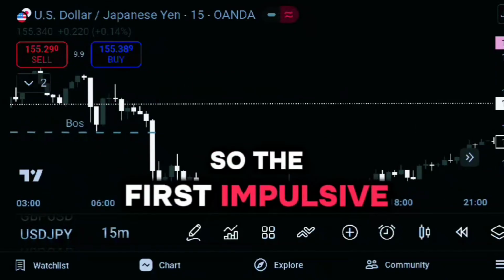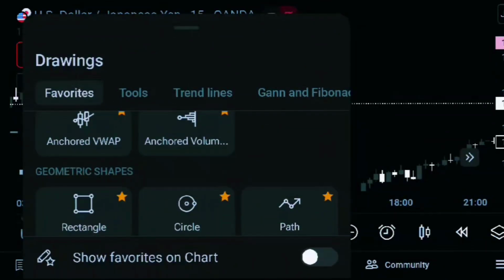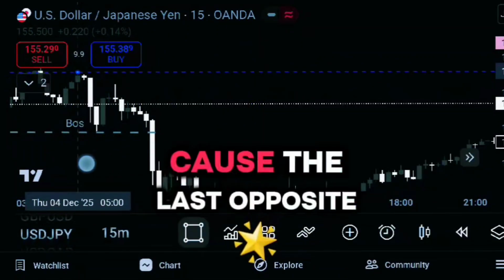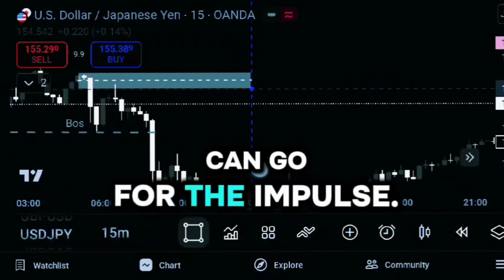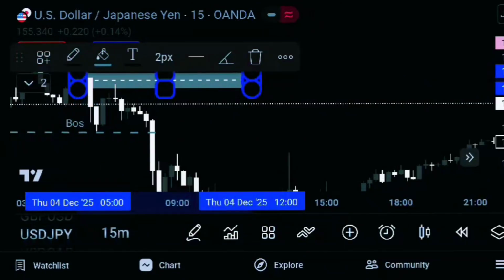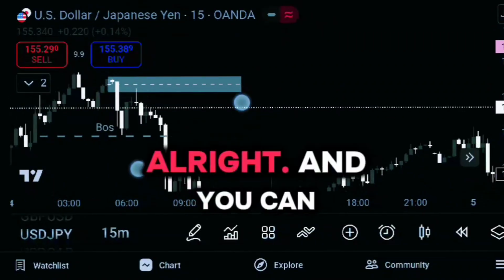The first impulsive sell-off I see was right here. This would be my first impulse, because it's the last opposite candle before the impulse. We saw it drop down at this level, so that's what I'm going to be looking for, right?